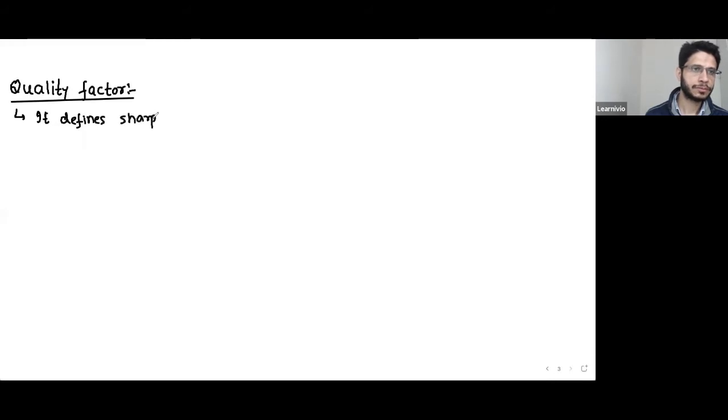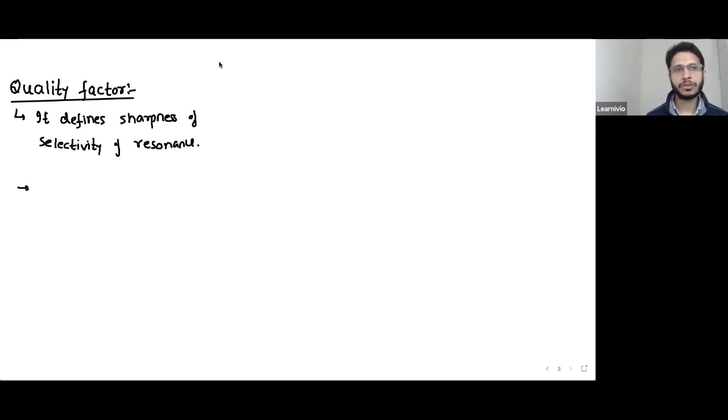Sharpness or selectivity of resonance. There are various definitions of quality factor.